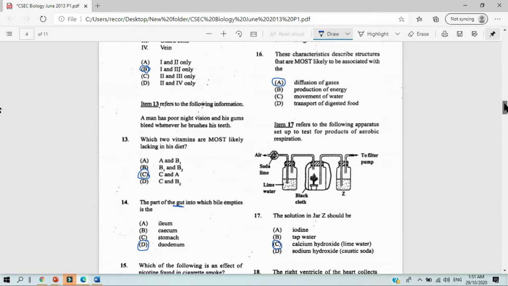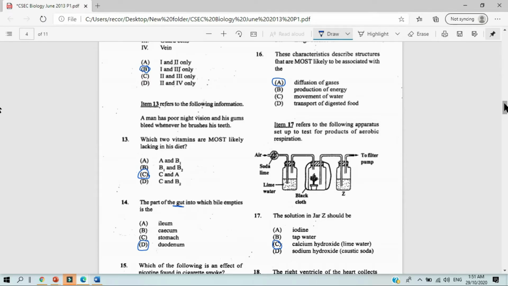Question number 17 refers to the following apparatus set up to test for the production of the products of aerobic respiration. So we're looking at a nice setup there.